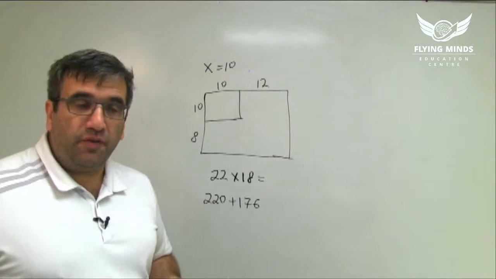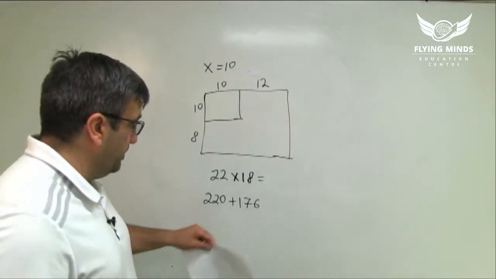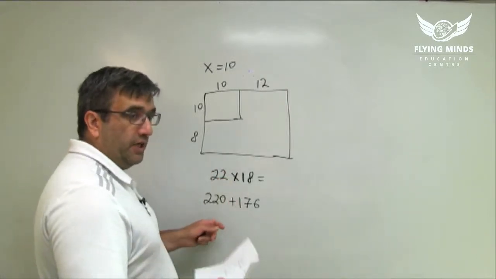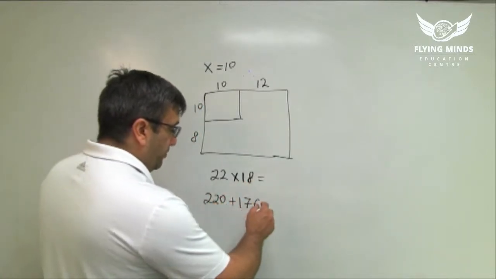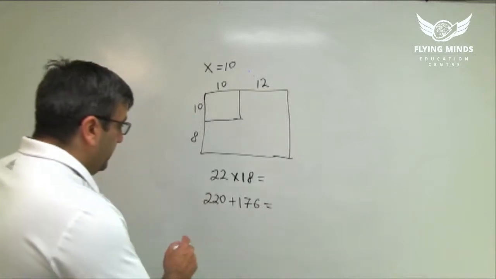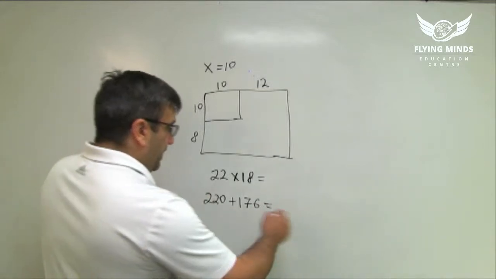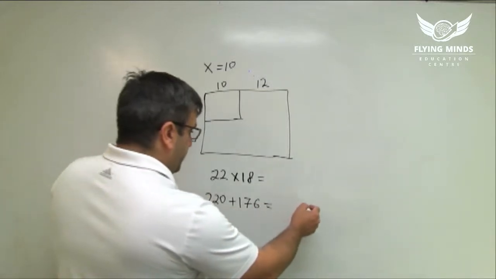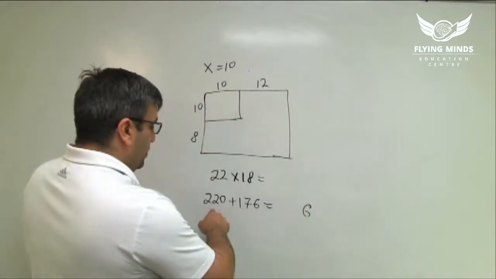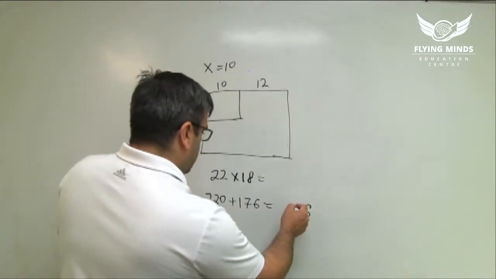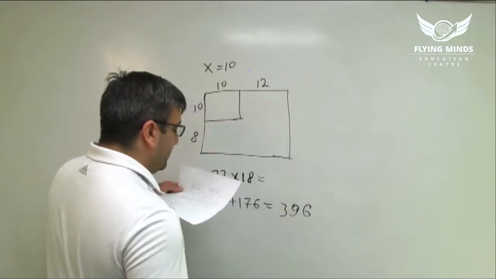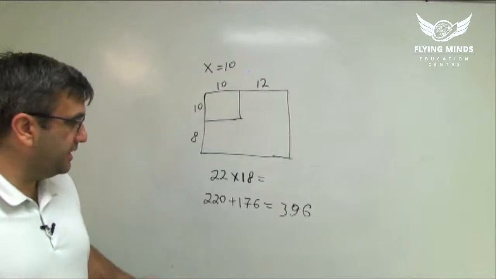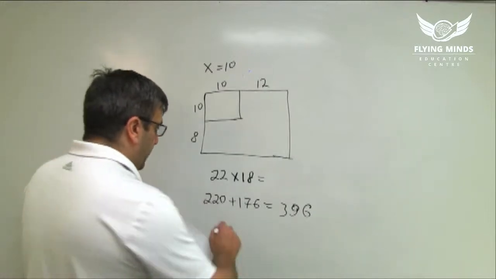It's using the distributive property of numbers. If you're wondering how to do this mental math, it's to use the distributive property. So let's finish the question first. 220 plus 176 is 396. So the correct answer is part A.